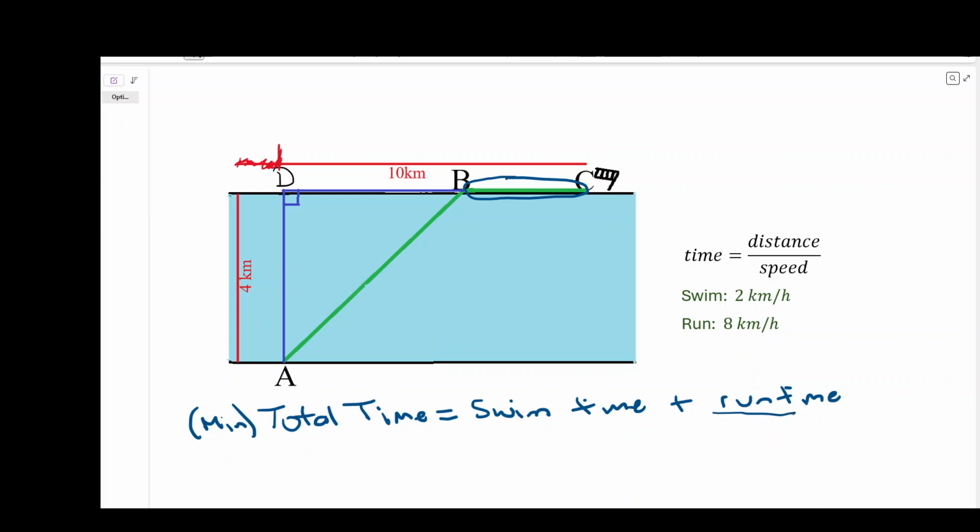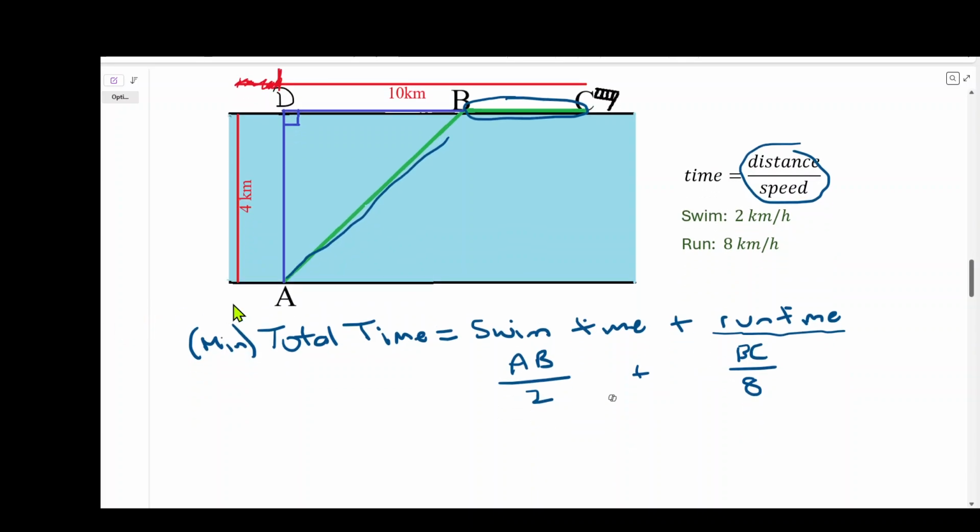So the run time is the distance B to C divided by 8. Again, distance divided by speed. Now the swim time is going to be the distance from A to B divided by 2. So, okay, great.